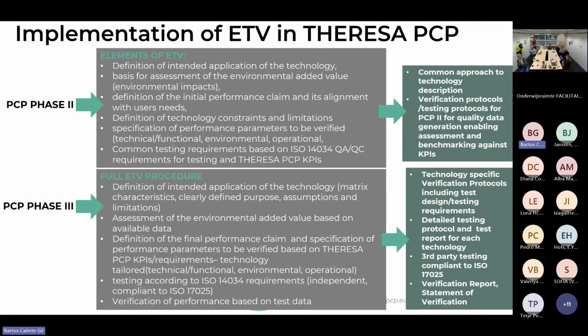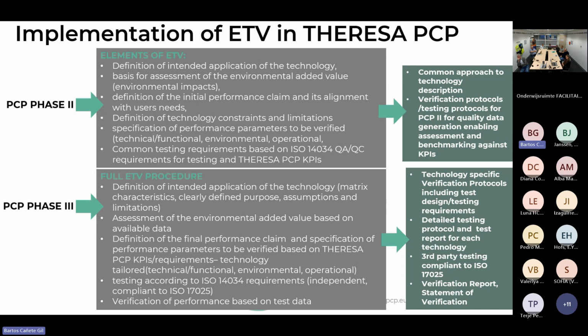We'll need to clearly define the purpose of the technology, basically speaking, what actually the technology is doing and how it is affecting the parameters of the matrix, and all the assumptions and limitations under which the technology can be implemented. We'll also make here the assessment of the environmental added value based on the available data.